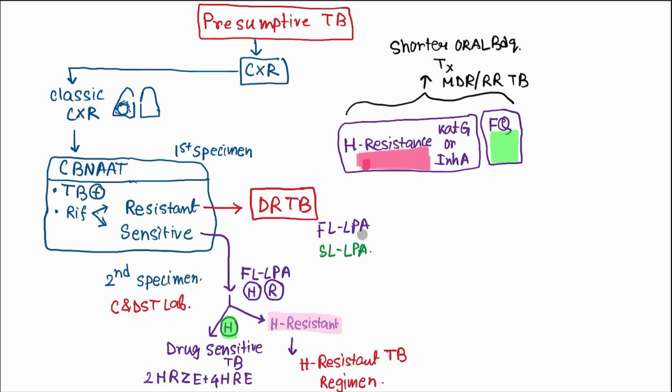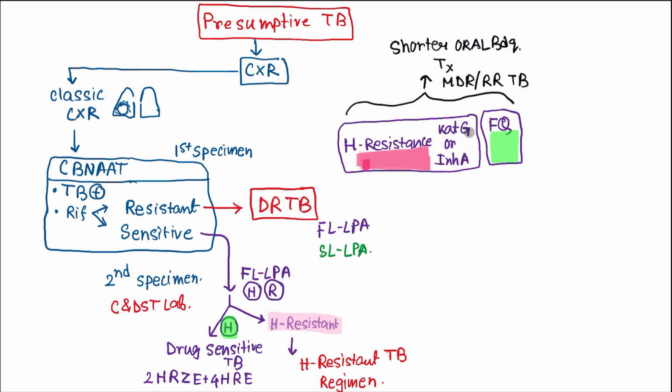So what result will you get? Look here, the second line probe assay additionally checks for the resistance pattern in the fluoroquinolone as well as class A drugs. Okay, suppose there is H resistance present, and this resistance is present only in the katG gene or in inhA. So either of these two.